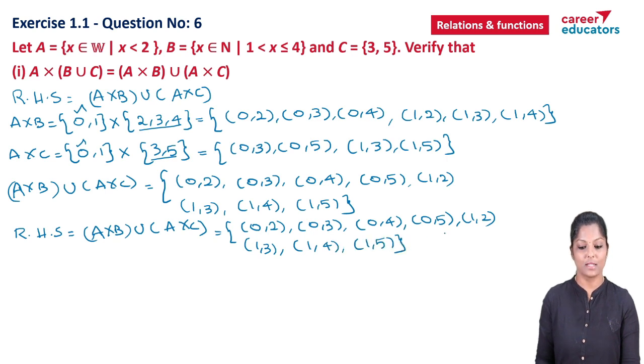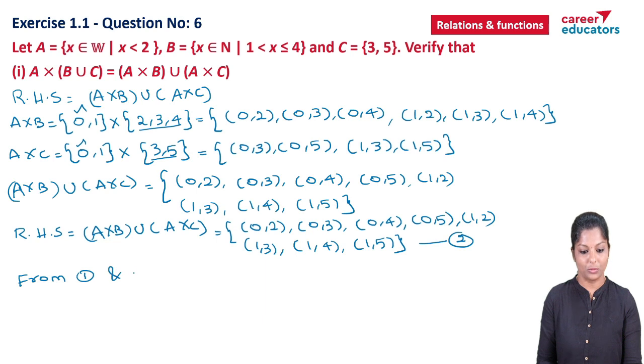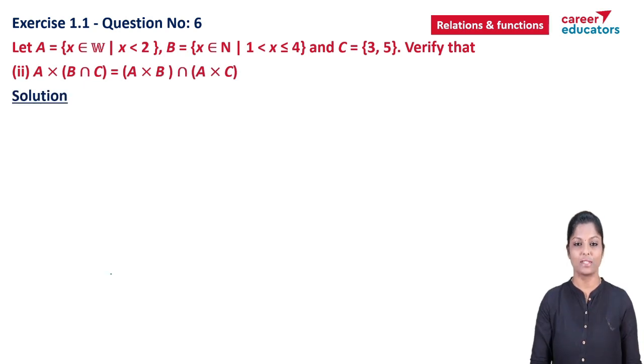We'll mark this as 2. From 1 and 2, LHS equal to RHS. Hence, proved. Next, we are going to solve the second subdivision.